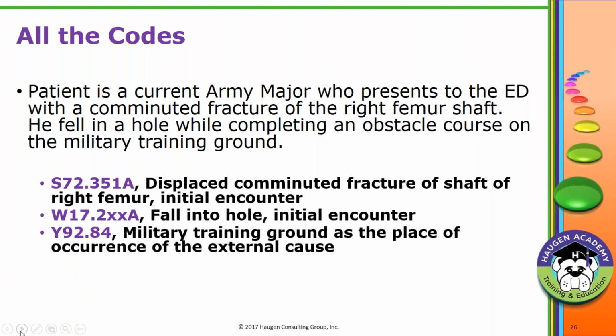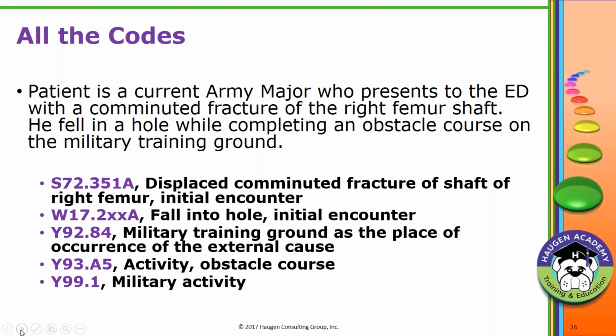We always have our injury code there, the displaced comminuted fracture. He fell into a hole, so we have that W17. We have a Y92. The W17 is the what, right? The Y92 is the where. The Y93 is how did it happen. And then we have the Y99, which is who is that patient. So here's a pretty simple example, but we do have 5 codes as a minimum coming out of there.